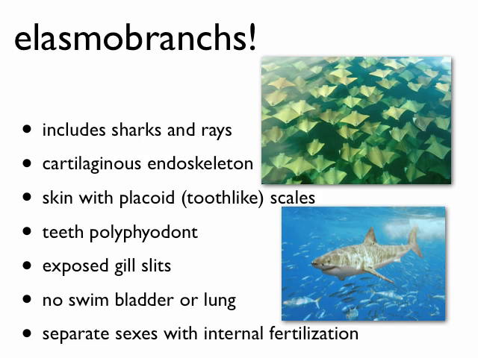They have separate sexes with internal fertilization, so boy and girl sharks, and lacking the lung, lacking that ability to mechanically or use muscular contractions to move air around, they're dependent on keeping water moving over their gill slits. So even when they're sleeping, there's a little bit of movement in sharks and rays.